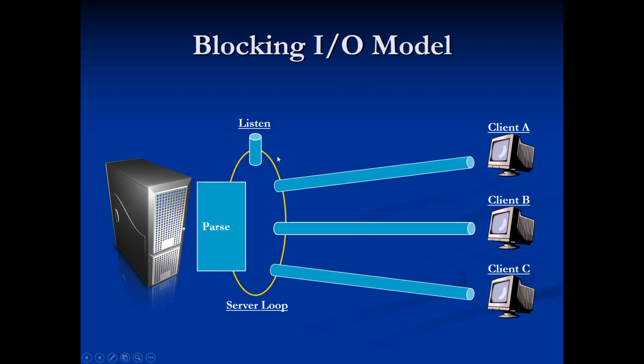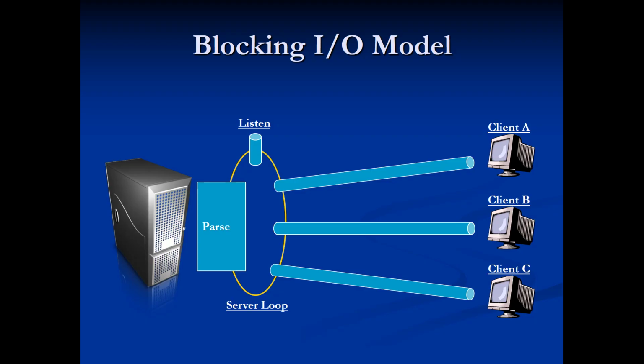The next function the server is going to call is receive, trying to receive something from client A. Remember, in our example client A has not sent anything. Client B and client C have, but client A has not. So when the server calls receive on the socket logically connected to client A, it's not ready.